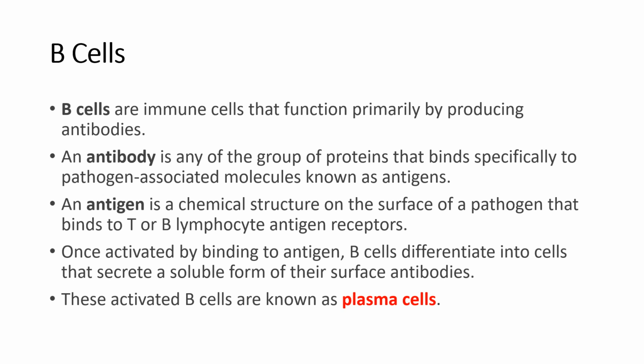An antigen is a chemical structure on the surface of a pathogen, a disease-causing microorganism, that binds to T or B lymphocyte antigen receptors. Once activated by the antibody binding to its antigen, B cells differentiate into cells that secrete a soluble form of their surface antibodies known as plasma cells. So a B cell becomes activated and then transitions into a plasma cell.